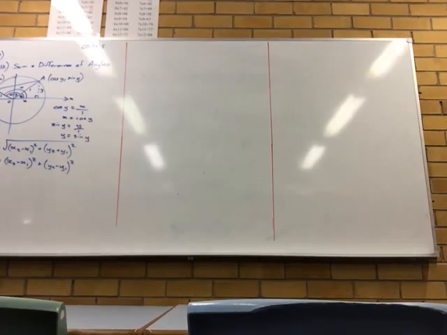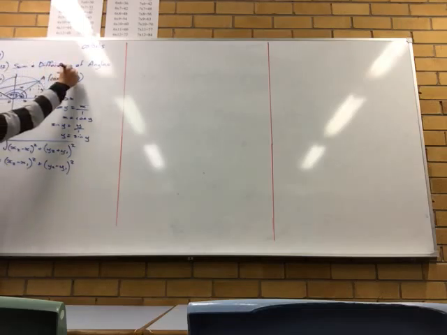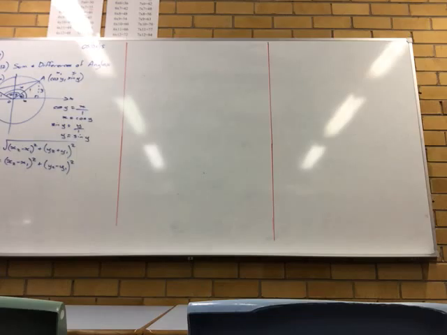Now we need to calculate the distance AB. We're given the coordinates of A, which is cos y, sine y, and for B as well. So let's call these x2, y2, x1, y1 for those respective values.